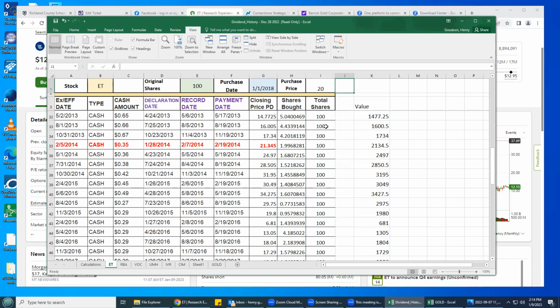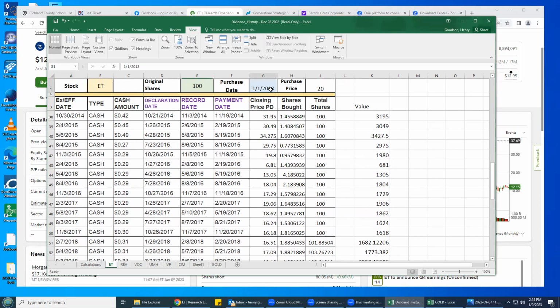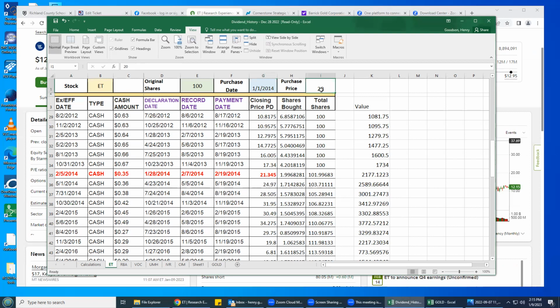You can go down here now. The purpose of this spreadsheet is to go down here and say exactly where would you be today if you'd bought this stock. So I'm just saying 2014, right? And you paid $20, so you got $2,000.